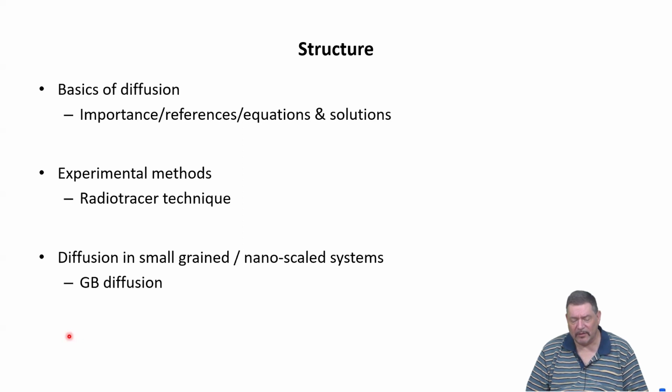And then we will also talk about diffusion in materials which have high volume fractions of grain boundaries, so nanostructured materials, relating basically to the point that grain boundary diffusion is important. Grain boundary diffusion is important also for polycrystalline materials, but it's less severe just because you do not have so many grain boundaries per unit volume.